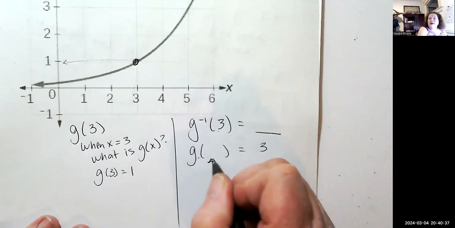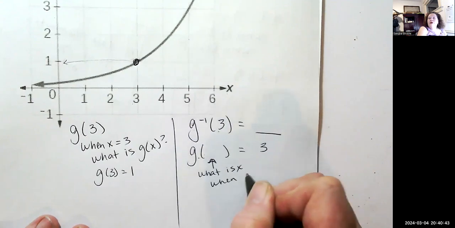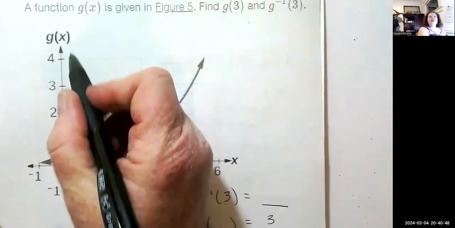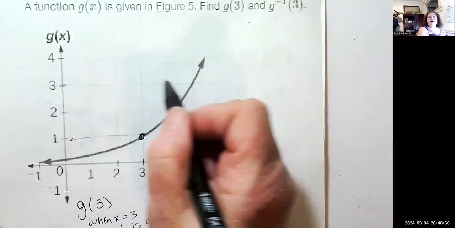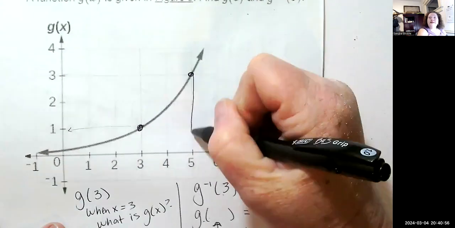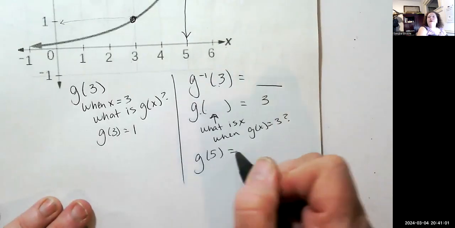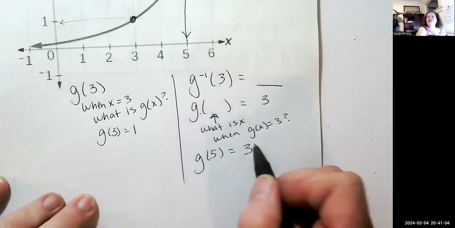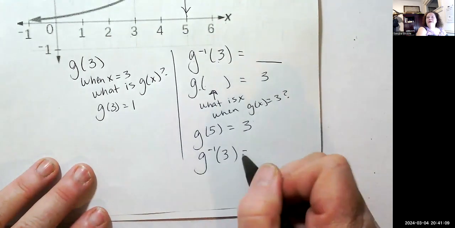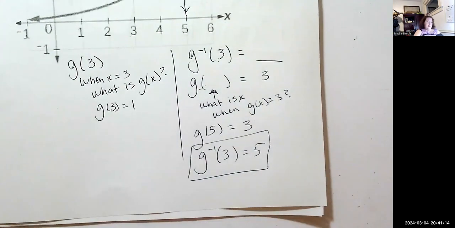So now I can ask myself, what is x when g of x is equal to 3? So now I have to come over here to my g of x and find 3 on my graph. Got it. And what is x at that point? It is at 5. So therefore g of 5 is 3. And if g of 5 is 3, that means the inverse of 3 on g is 5, which is what we wanted to know.